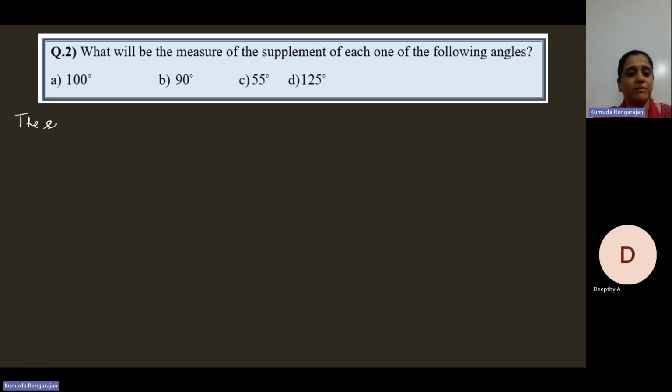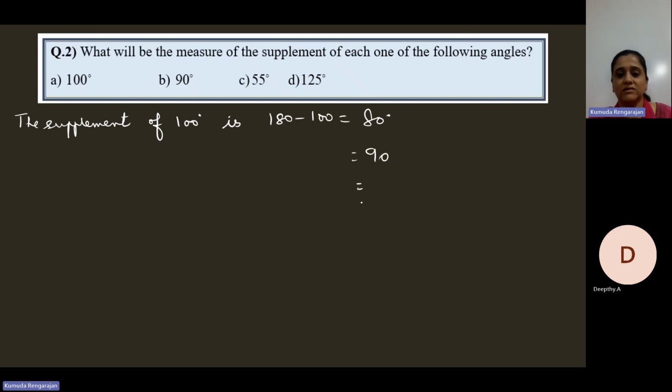So you must write the supplement of 100 degrees is 180 minus 100, which is 80 degrees. This is how you present the answer. For the second one, the answer is 90. The third one's answer is 125 degrees.